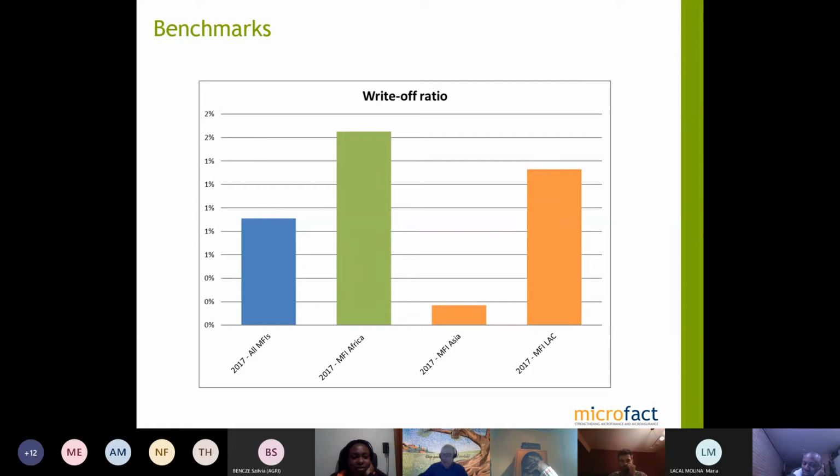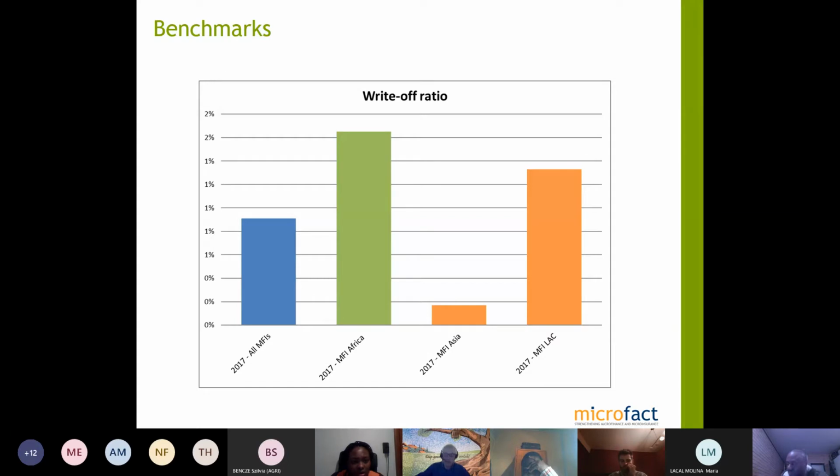As I told you, these benchmarks were calculated from the MIX Market sample, and there were fewer MFIs from Africa in it. So it might be that the sample was just a number of MFIs with a higher write-off ratio for that specific year. It's just to give you an indication. Between 1% and 2% is quite normal. Just keep this in mind.